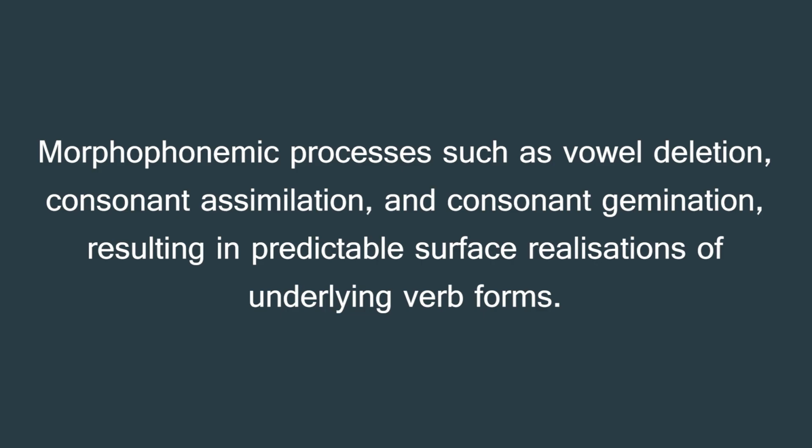The formation of past tense constructions involves regular morphophonemic processes such as vowel deletion, consonant assimilation, and consonant gemination, resulting in predictable surface realization of underlying verb forms. Collectively, these patterns constitute a fundamental structural mechanism of Telugu finite verb derivation, highlighting the interface between morphology and phonology in the language's verbal system.